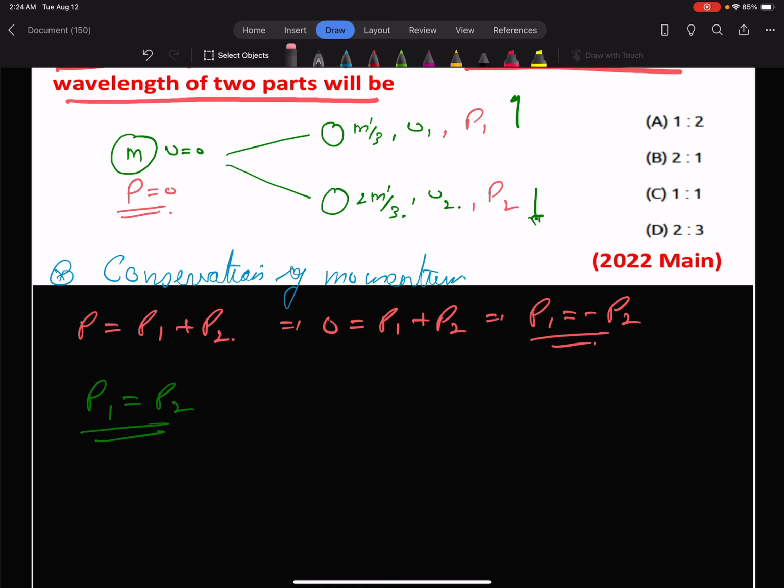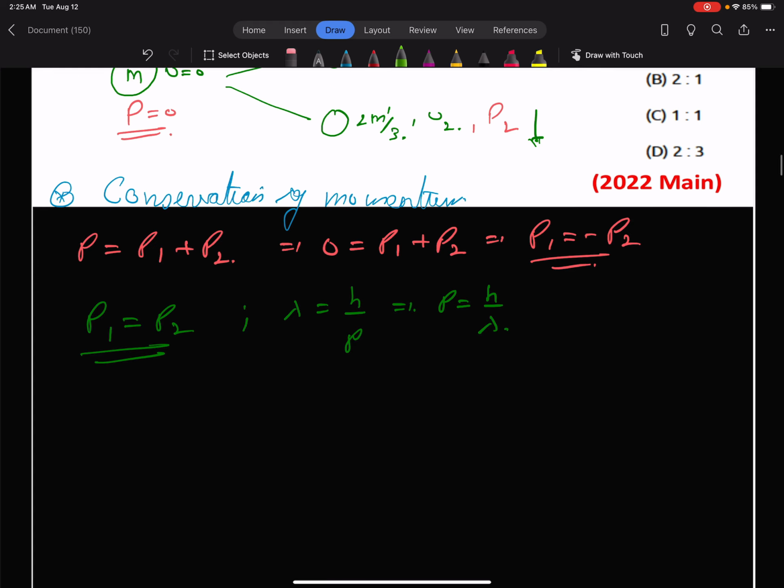We also know that lambda is equal to h upon p, so p is equal to h upon lambda. So P1 is equal to h upon lambda 1, and P2 is equal to h upon lambda 2.